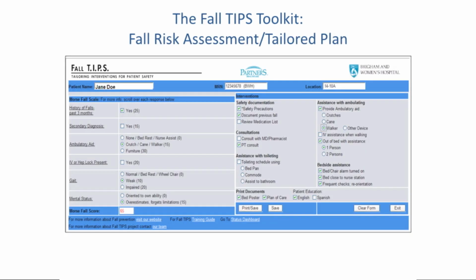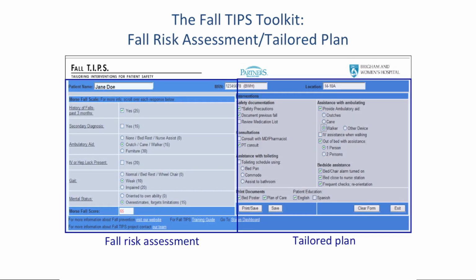It was in our electronic medical record. On the left-hand side is the Morris Fall Scale, which is the fall risk assessment. And then on the right side are the interventions that we learned in our focus groups from the nurses and the other professional and paraprofessional providers that were thought to be both effective and feasible in the busy hospital setting.